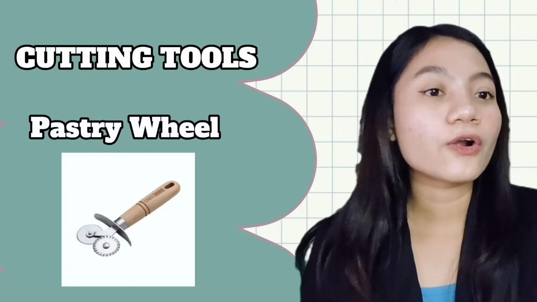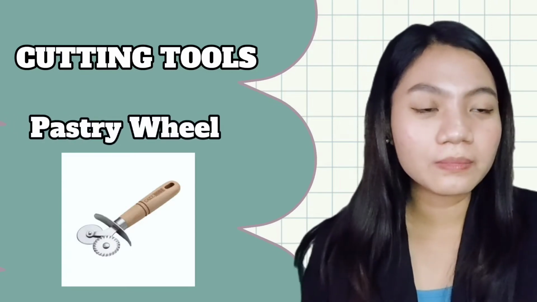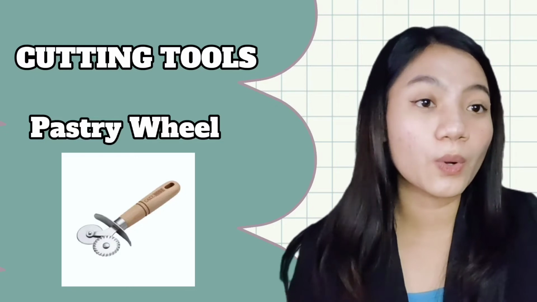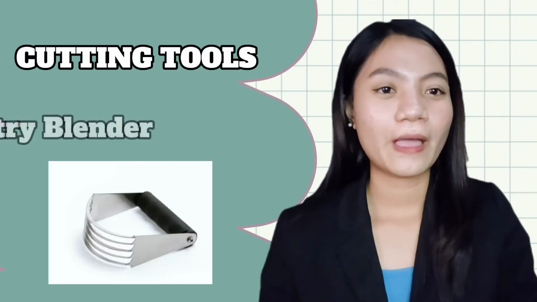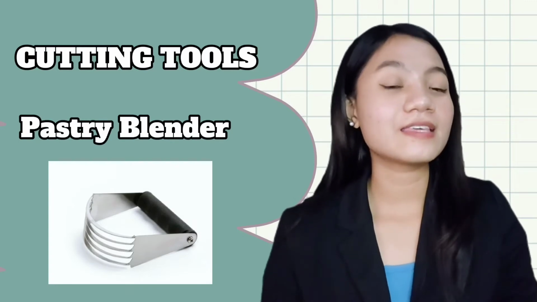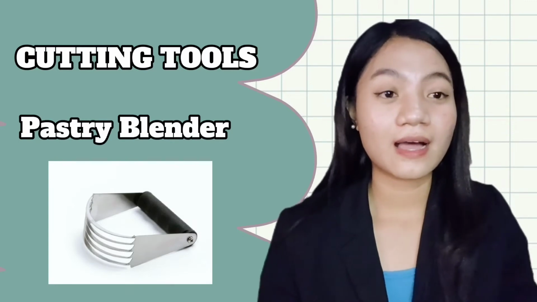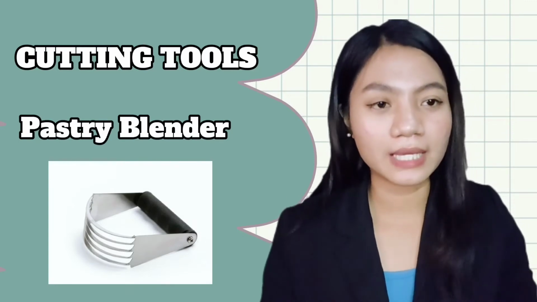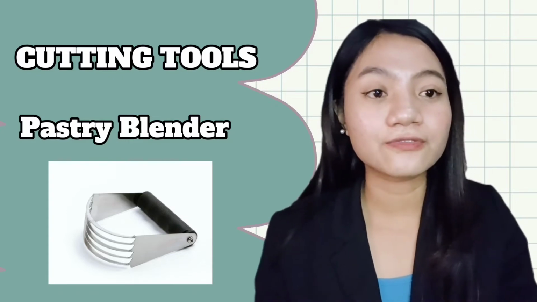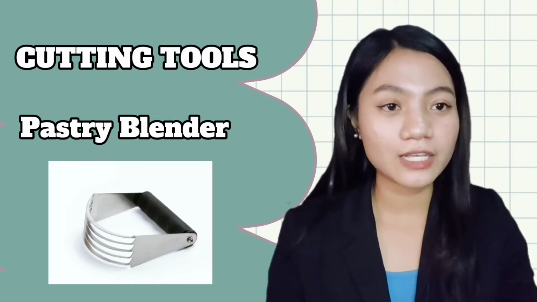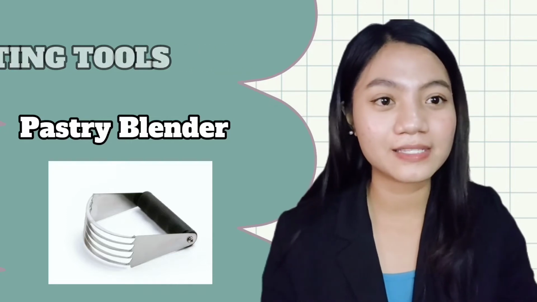The pastry wheel, or pie cutter, is a round blade knife used to cut dough when making pastries. The pastry blender, a tool with a metal handle and round steel blades, is used to cut shortening or solid fat into flour to obtain the flaky texture of pies and pastries.